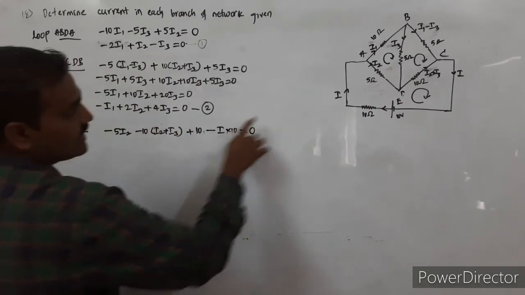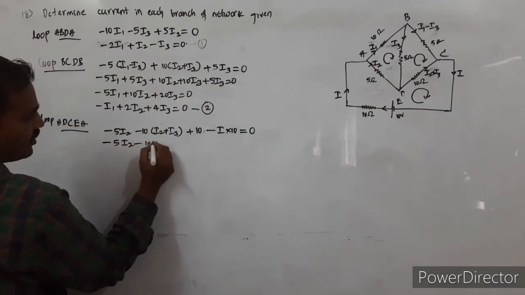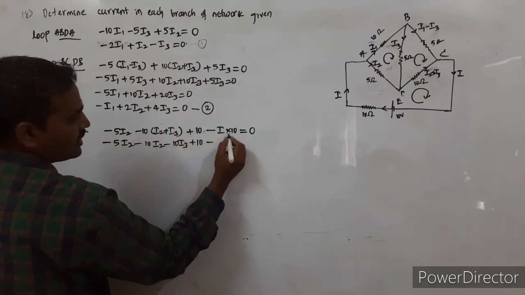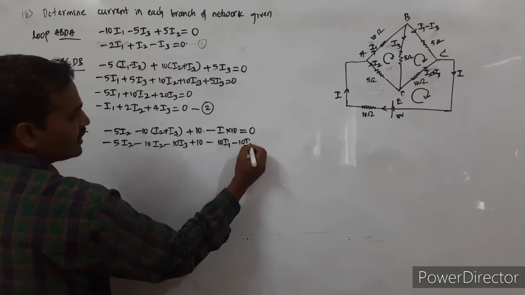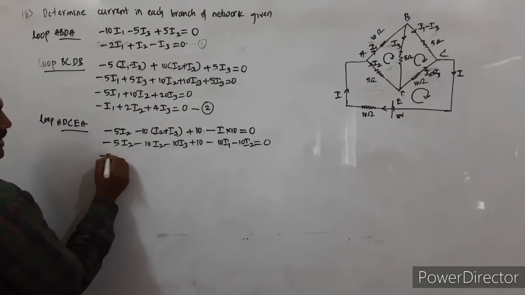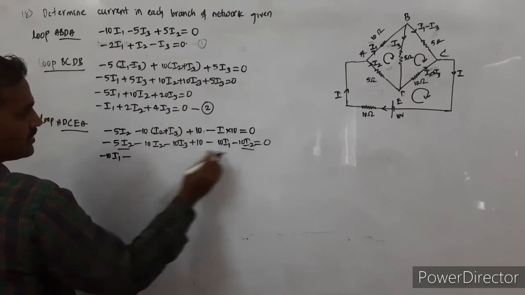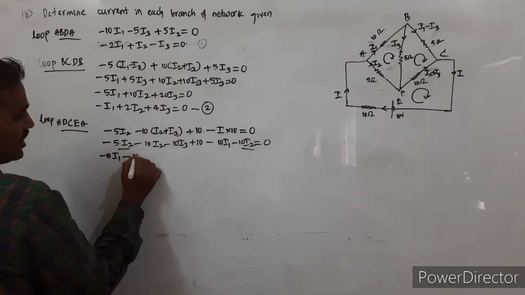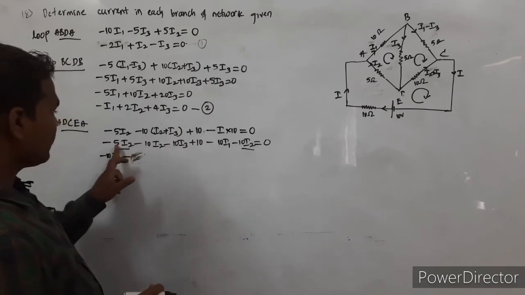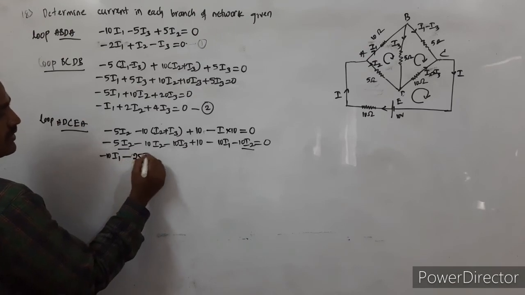Okay, this I can write as I1 plus of I2. Let us substitute that. I write minus 5 I2 minus of 10 I2 minus 10 I3 plus 10 minus of 10 into I1 minus of 10 into I2 is equal to 0. Okay, let us simplify this. I can write it as minus 10 I1. I2 I have how many terms? One term here, two terms here, minus of 10 minus 5 minus 15 I2 here, sorry, so I will have 10 plus 15 and 10, minus of 25 I2.